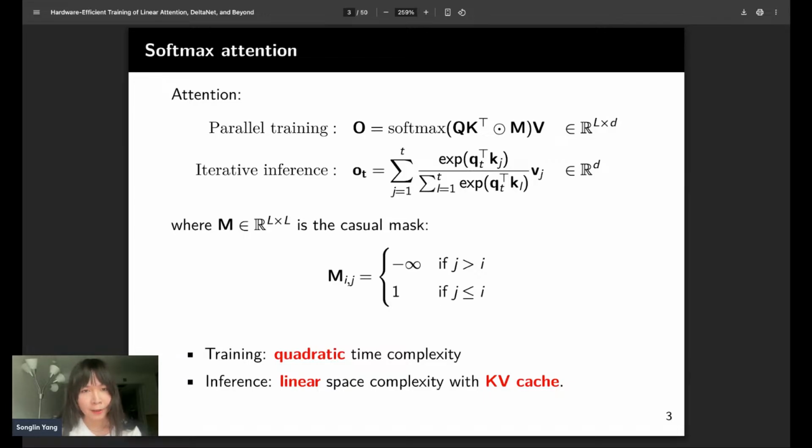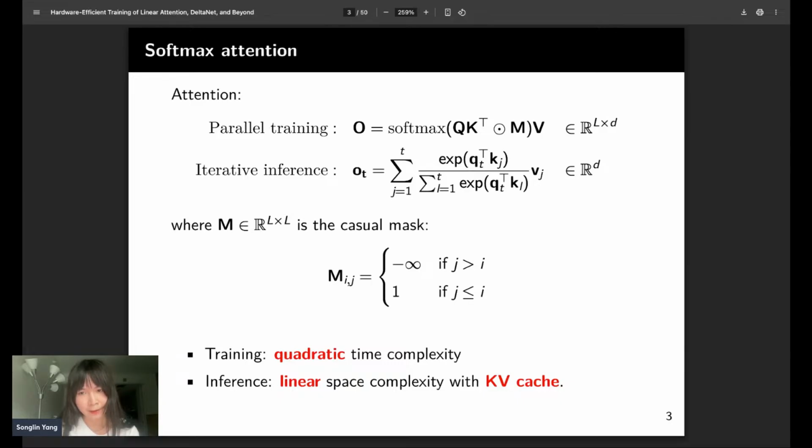This is for parallel training, where we have the whole input sequence. For autoregressive generation, we have the iterative form. At time step t, we use that time step's query q_t to attend to the previous key vectors, so that we have our attention scores.